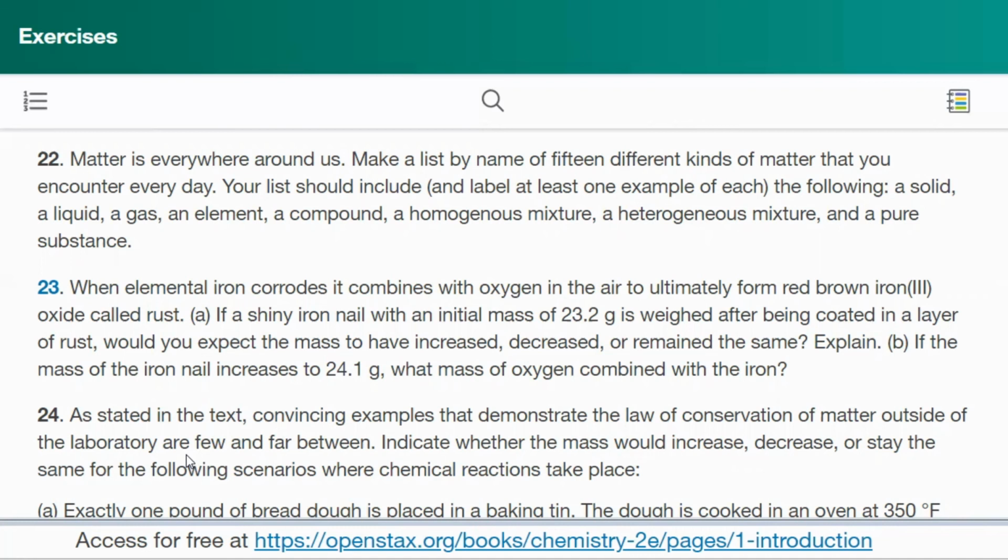An element. Can't think of any pure element. Diamond. Diamond is made of carbon. A compound. Water. A homogeneous, I know that was cheap. Homogeneous mixture would be, say, something like cranberry juice. Heterogeneous mixture is salad dressing. And a pure substance, go back to water.